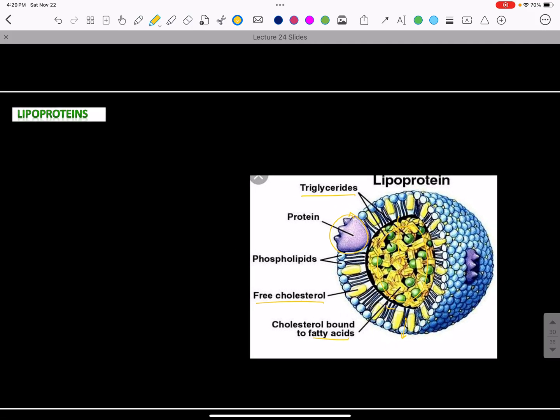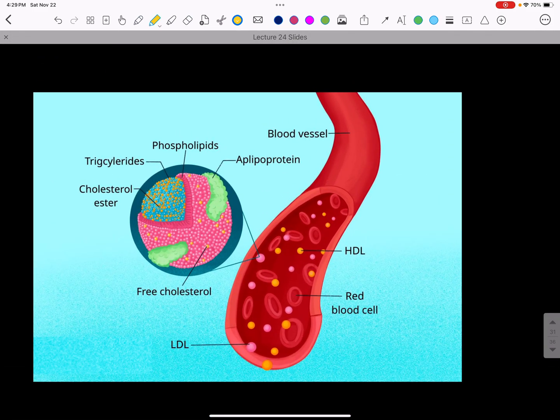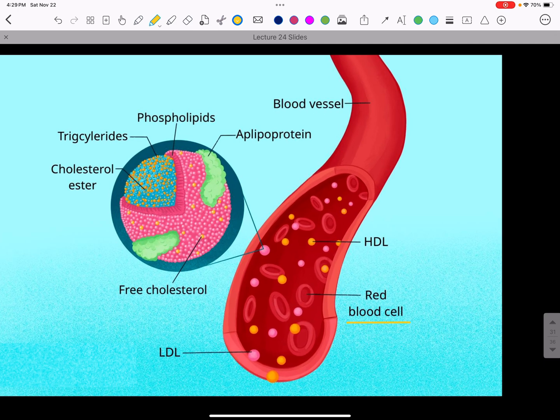So in the blood, we have RBCs and WBCs and all of that. Now we also have HDL and LDL, which are important carrier proteins. They carry the lipids from one part of the body to another, whether it is being absorbed from the digestive system and then transported to different parts, or when the adipose tissue has to be broken down and transported for energy purposes.